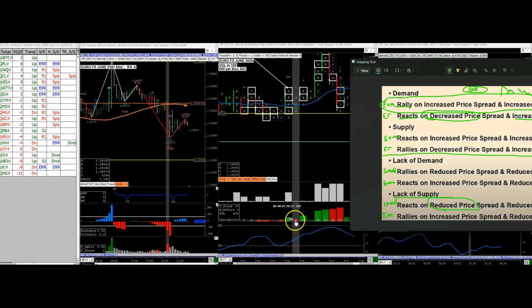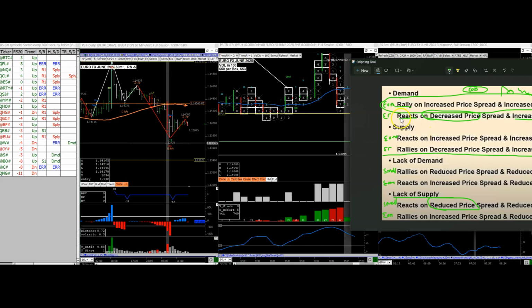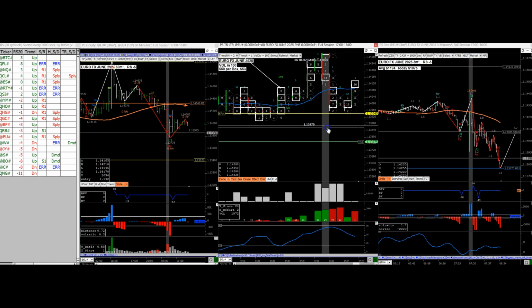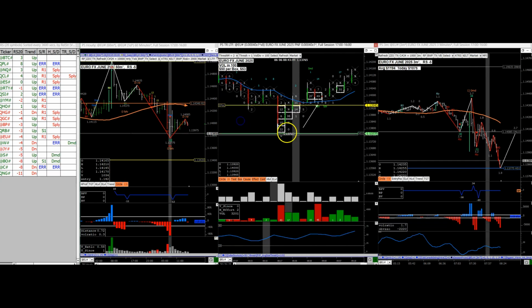This is biggest in 13. It doesn't look it, but it is. And biggest in 13 red bars. And we see that that fits the second definition where it reacts on decreased spread and increased volume. So bullish springboard.